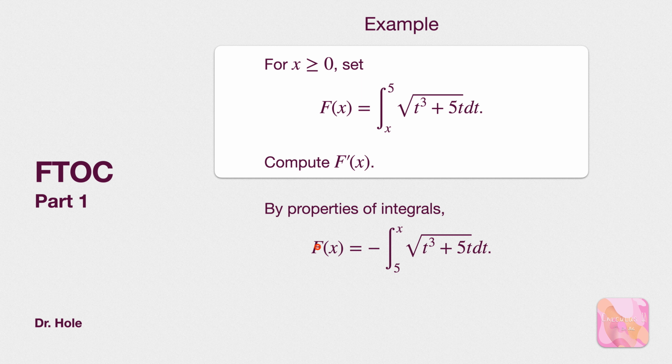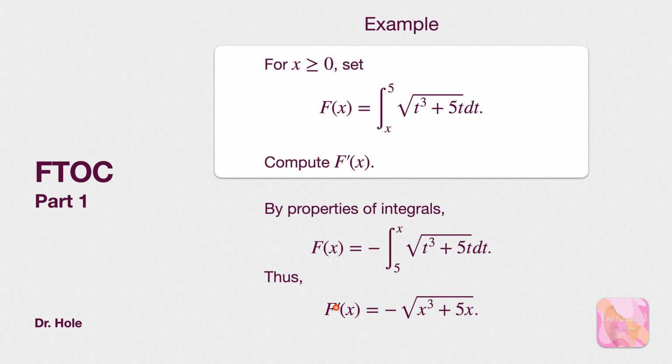So if we put a derivative on the left-hand side, we put a derivative on the right-hand side, it cancels out the integral, and we look at the integrand and replace the variable of integration with the variable x. This minus in front is just a constant, and constants pull through the operation of differentiation. Good?